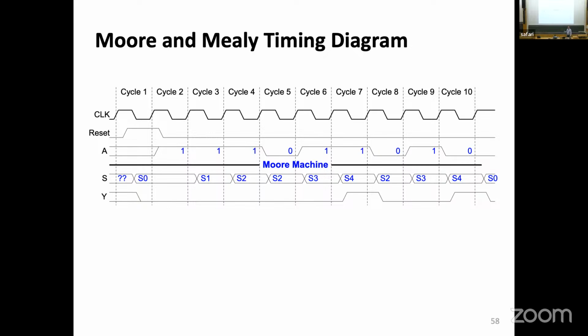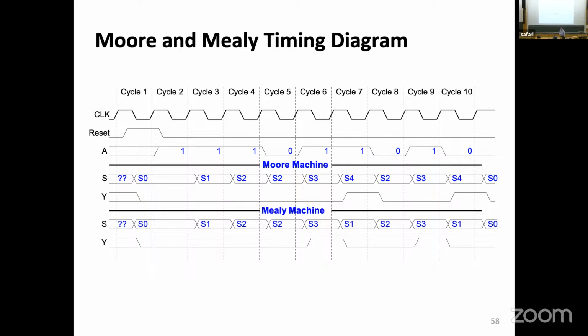The Mealy machine is a little bit strange because we are looking at the same input. 1, 1, okay. Now I moved one state. I moved one state. It is 0. I move to this state, and I am smiling already.